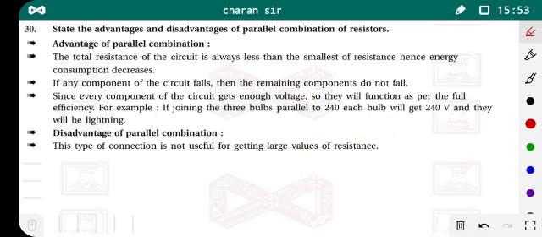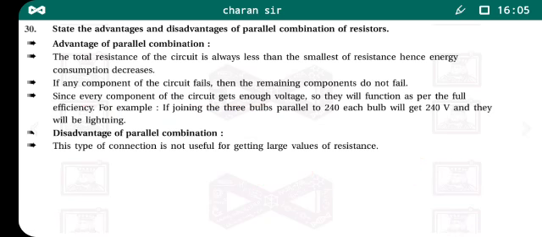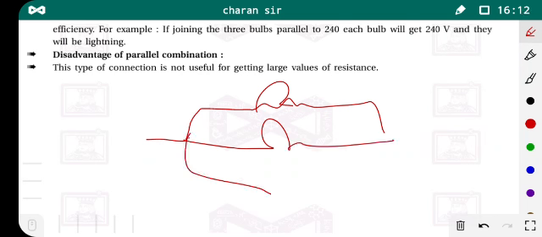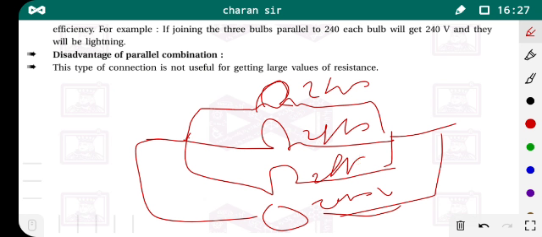Now third one, every component of the circuit gets enough voltage, because in parallel combination the voltage is equal across each and every component. Because of that, suppose you connect three bulbs in parallel combination and you apply 240 volt across this parallel combination, so the voltage across the first bulb is 240, second is 240, and third is 240.